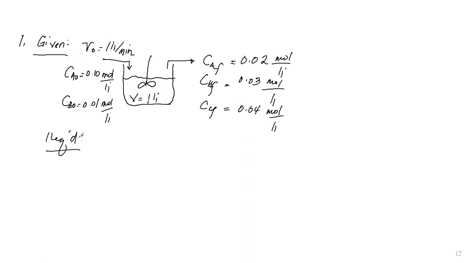Now you are asked to determine the rate of reaction of A, B, and C. So it's asking for you not the rate equation, but rather the rate of reaction, meaning it's asking for the actual value, meaning it has to be numeric.